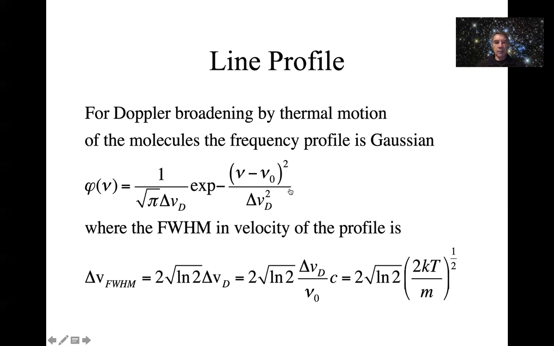Okay. And this delta nu D here would be the sigma of the Gaussian, if you like. In a typical Gaussian, when you're thinking about using a normal distribution for errors, you get a sigma. So that's that number there.